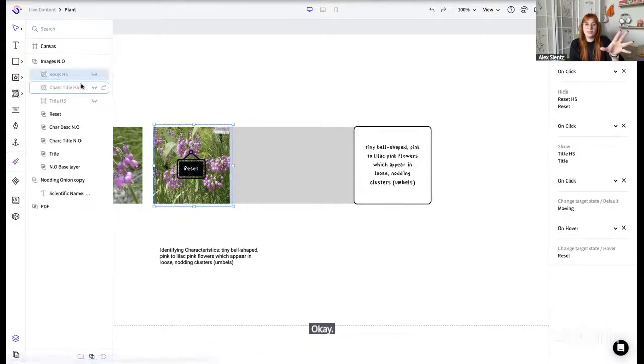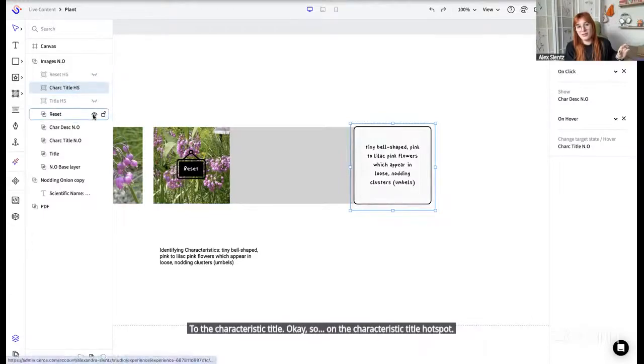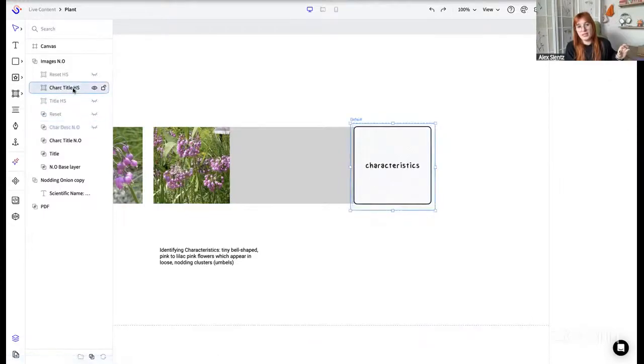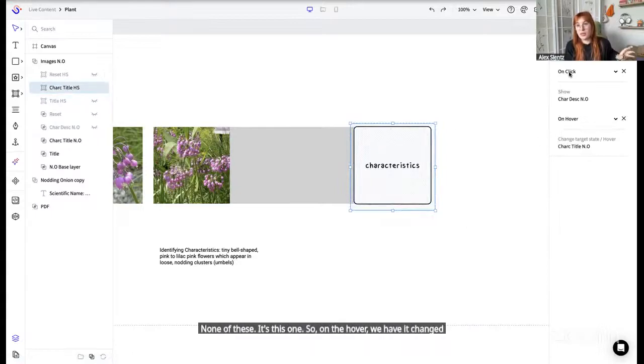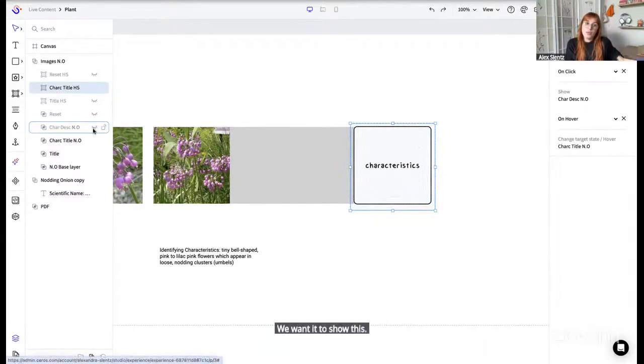I'm going to go back to the characteristic title. Okay, so on the characteristic title hotspot, none of these, it's this one. So on the hover, we have it change that hotspot. And then on the click, we want it to show this, but we also want it to show this.